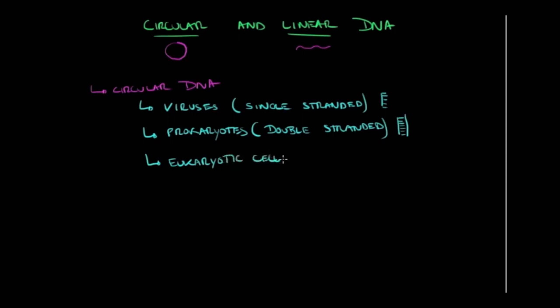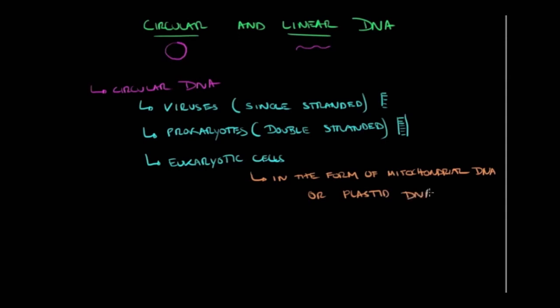You can also find circular DNA in eukaryotic cells, like I mentioned in other lectures, in mitochondria, for example. The DNA there is actually circular. That's how you can relate mitochondria to prokaryotes, because it is also circular DNA.